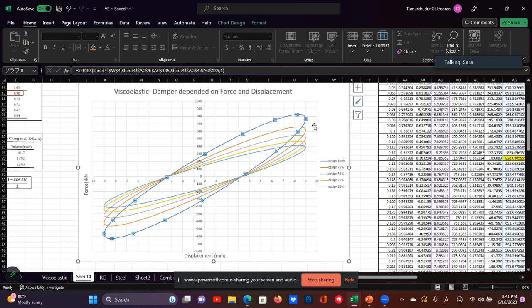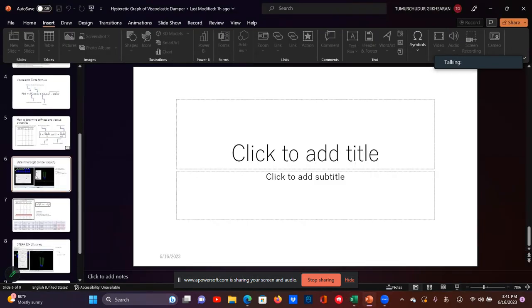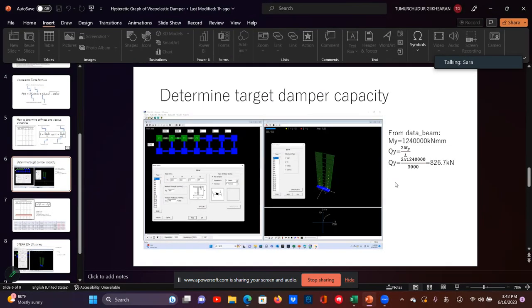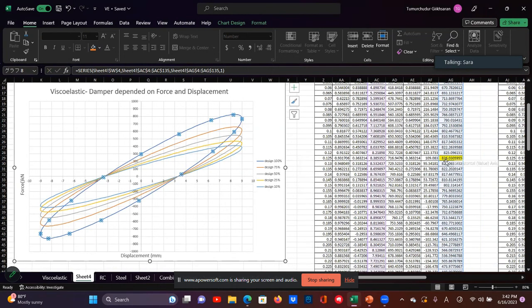When the capacity decreases, the force also decreases. The blue one's max capacity was here.